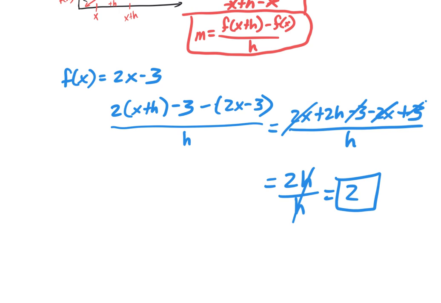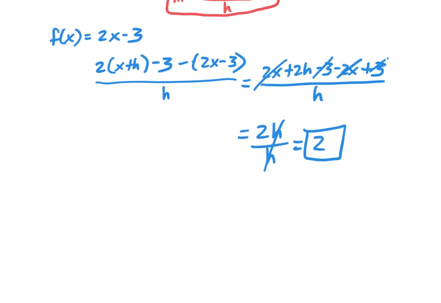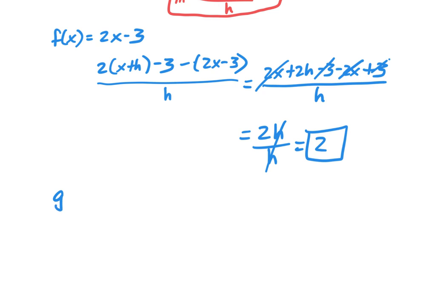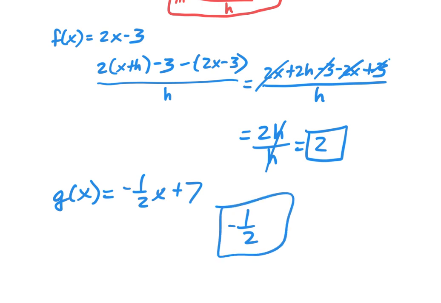So, and this is where you guys are going to kill me, right? If I gave you this, and I asked you, what is the difference quotient of this function? What would you guys say? Negative 1/2. And I'm totally fine with that, okay?